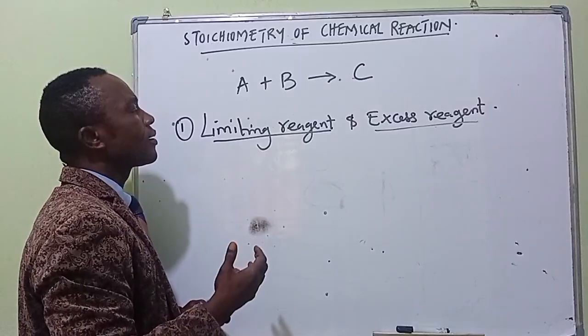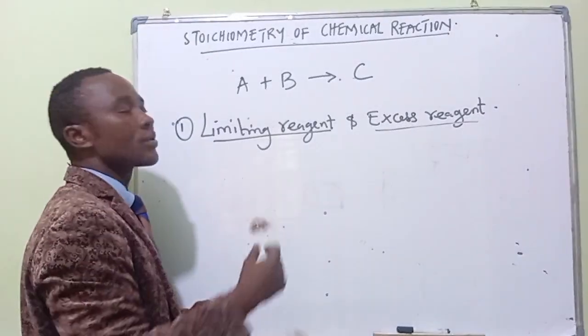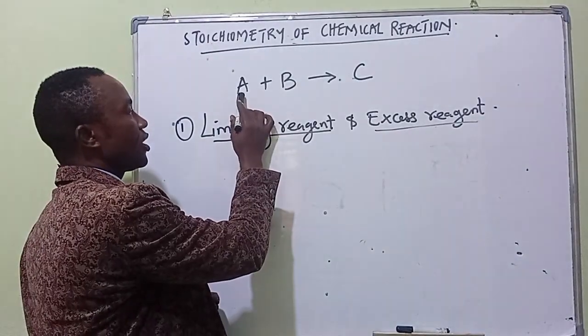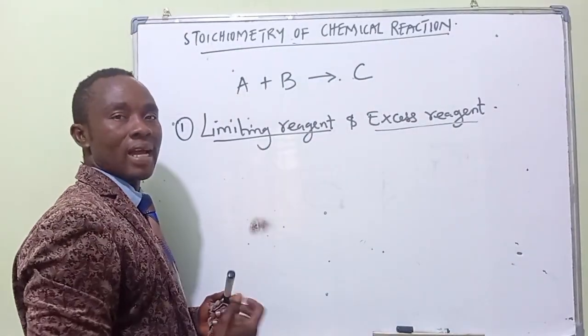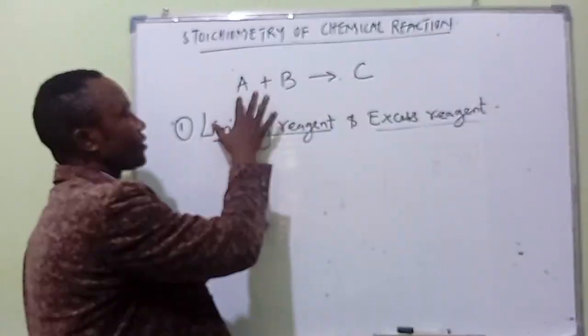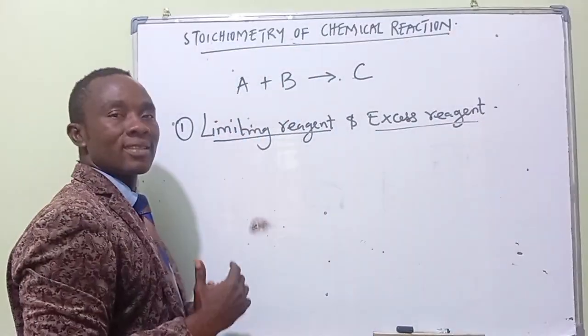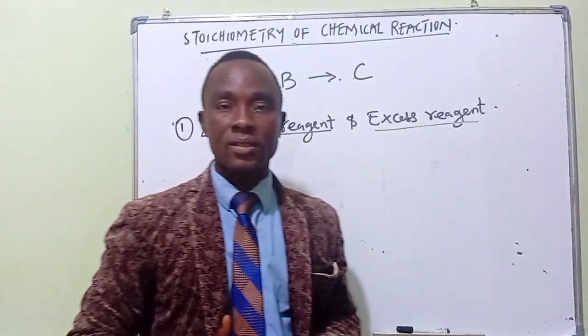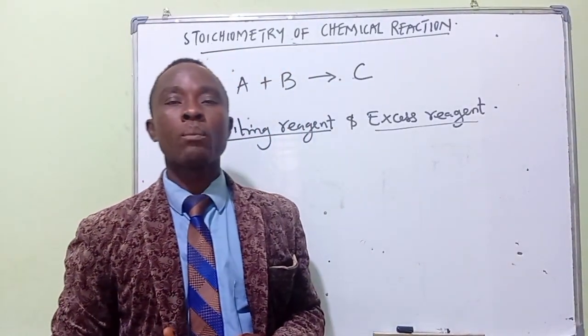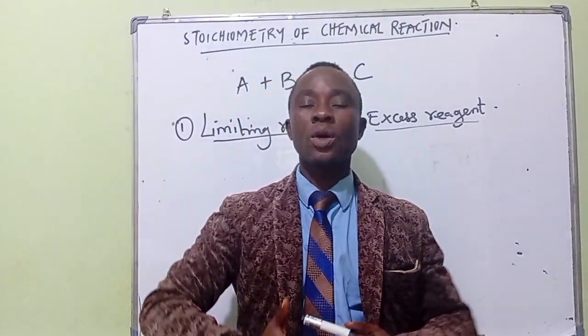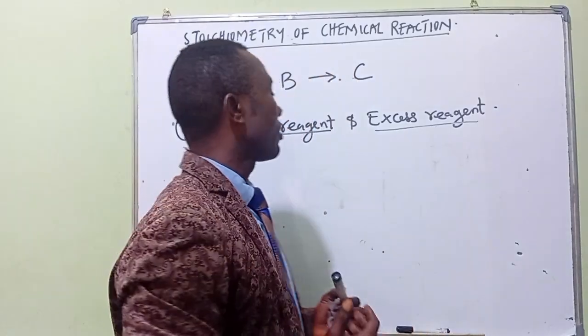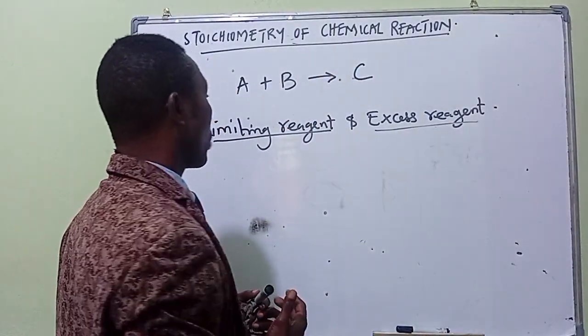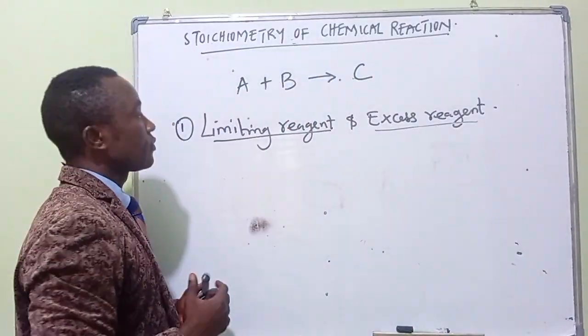Now, how do we know the limiting reagent between A and B that are the reactants? How do we know whether it's A or B that is the limiting reagent? There is a simple calculation we normally do to tell which one is the limiting reagent.